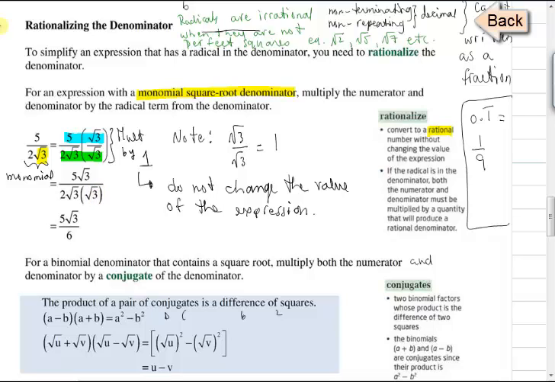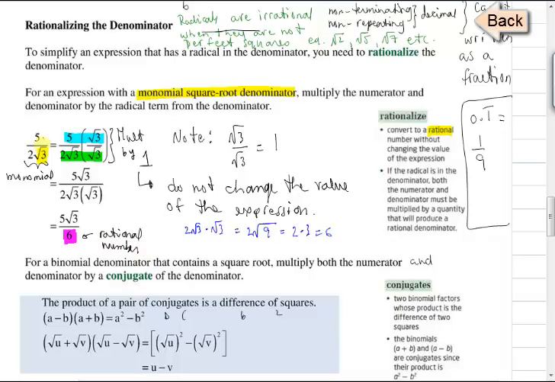How do we multiply that? We get 2 times the square root of 9, which is 2 times 3, because the square root of 9 is 3, which gives you 6. So when I multiply 2 root 3 times root 3, I get 6. Now notice, your denominator is a rational number.